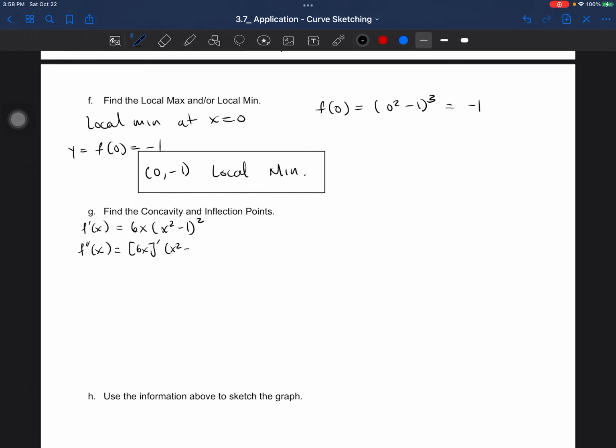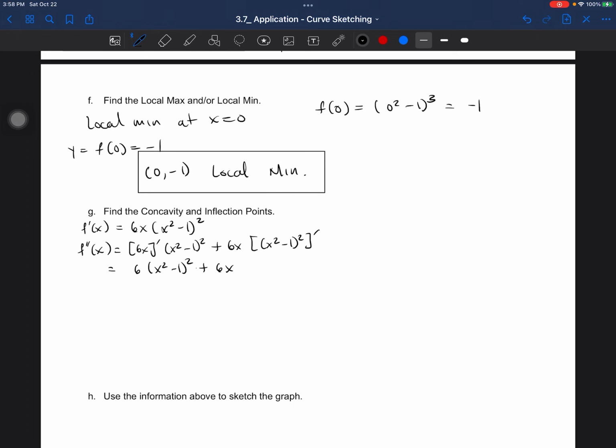Now, because this is a product of two functions, we have to use the product rule. So 6x prime times x squared minus 1 squared, plus 6x times x squared minus 1 squared prime.